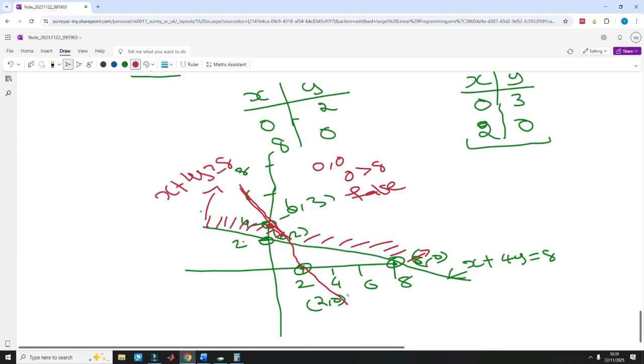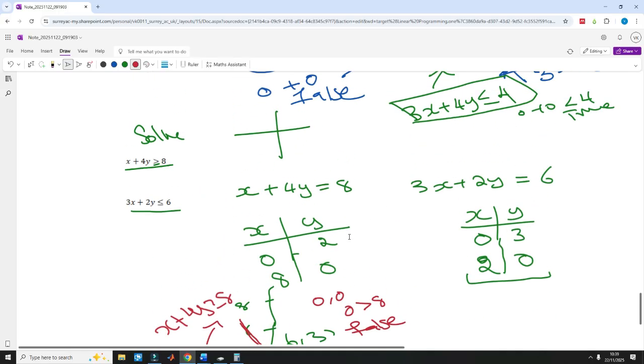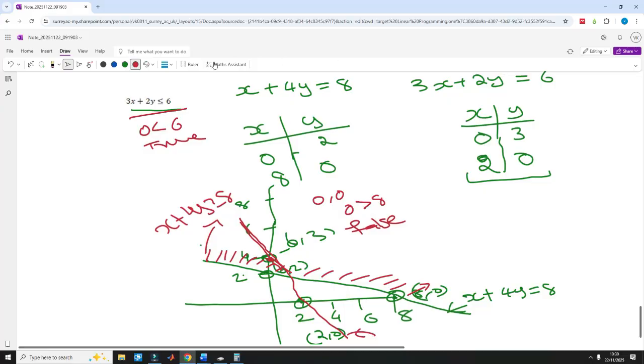Now you take the second equation, which is here. It says 3x plus 2y is less than or equal to 6. If x is equal to 0 and y is equal to 0, that's 0 less than 6. This is true. So everything below this line corresponds to the plane representing the linear inequality 3x plus 2y less than or equal to 6.